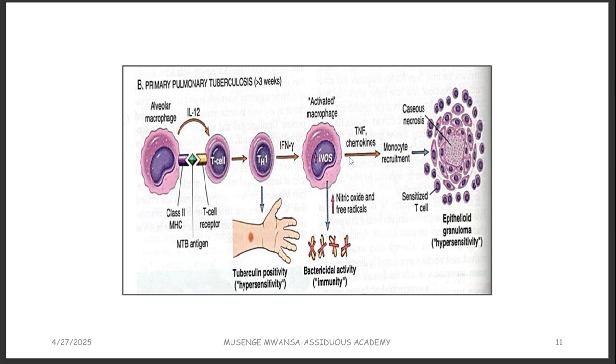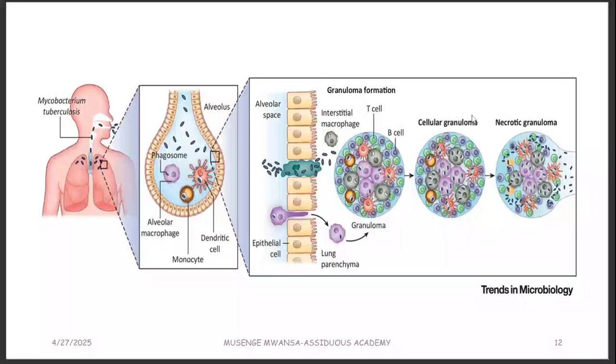And then you also have the chemokines being produced and the tumor necrosis factor, which will recruit other cells, the monocytes. And then you have got the formation of a granuloma, because you have got a center that has got dead cells, or caseous necrosis, and then you have got the T cells around, you have got the macrophages and everything. So that's how you end up forming a granuloma.